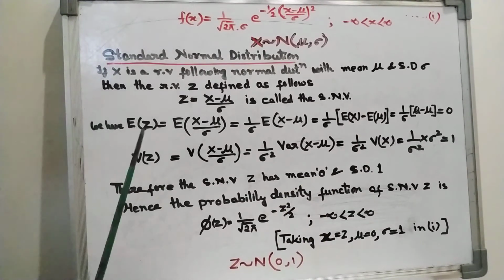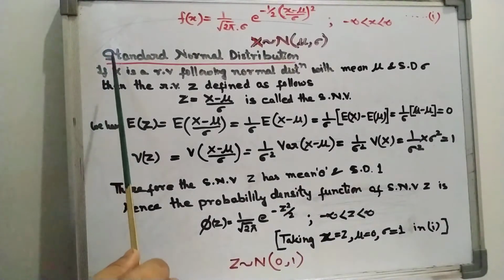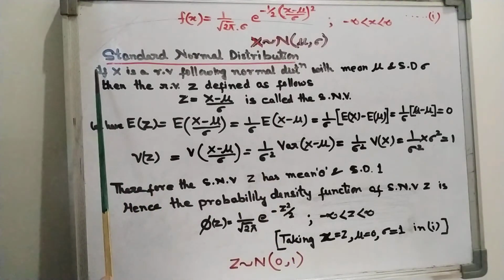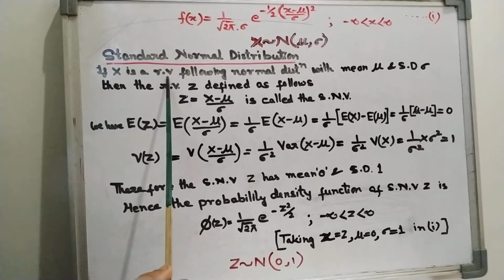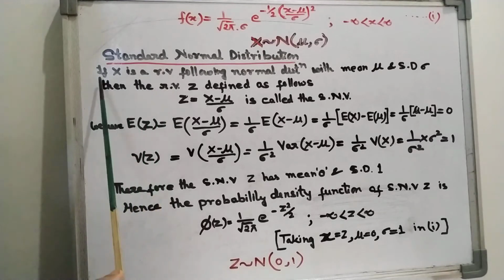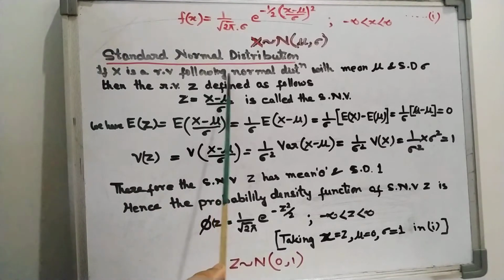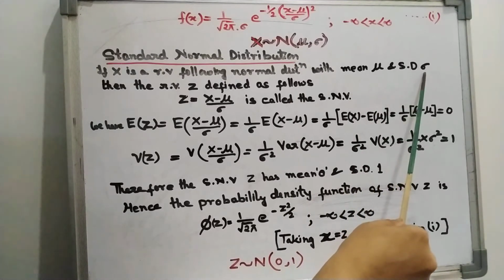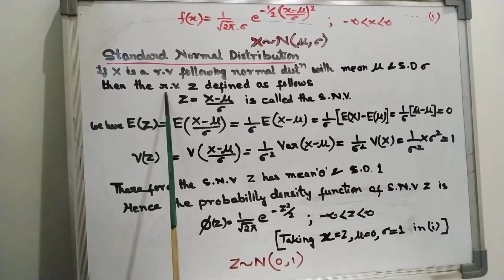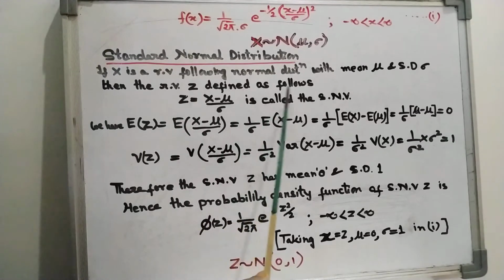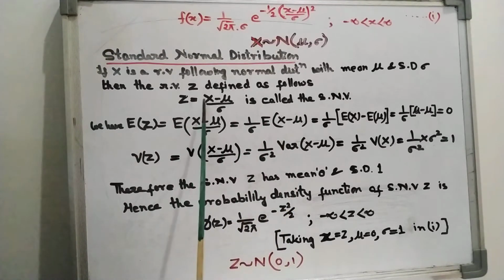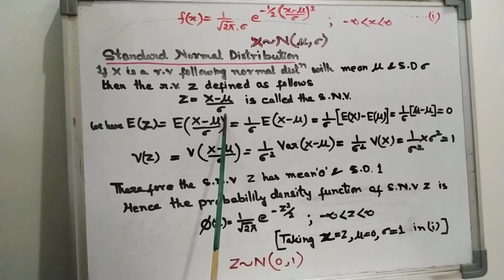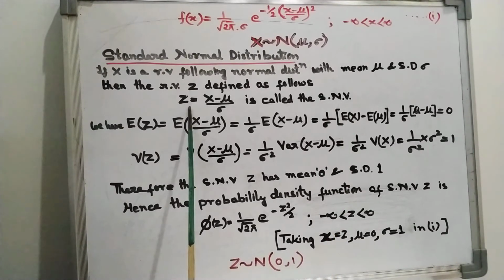Now let's come to the standard normal distribution. If x is a random variable following a normal distribution with mean mu and standard deviation sigma, then the random variable z defined as z equal to x minus mu divided by sigma is called the standard normal variate.